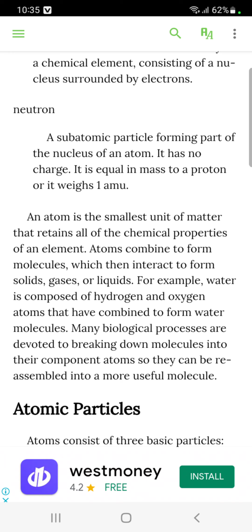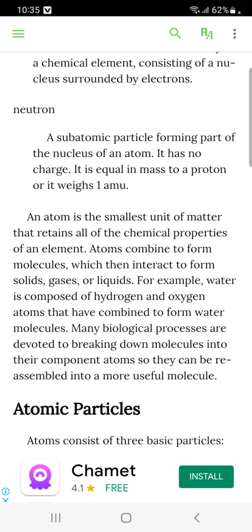Everybody knows that. Atoms have combined to form water molecules. Many biological processes are devoted to breaking down molecules into their component atoms, so they can be reassembled into a more useful molecule.